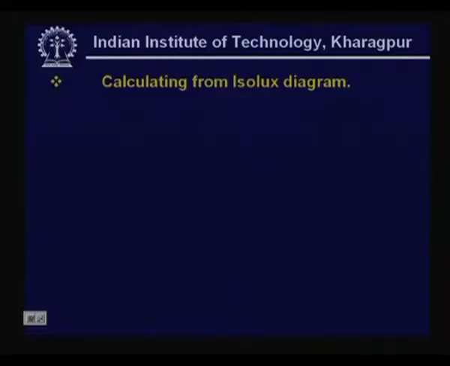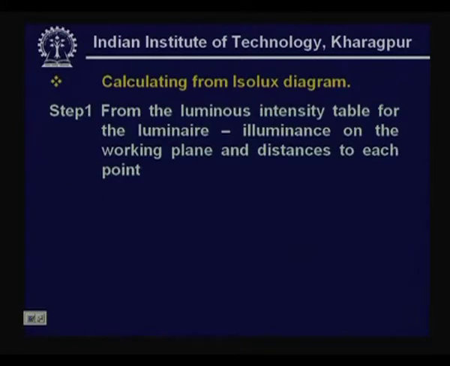So, the lesson tries to look at how one could, with the help of the manufacturer's catalogs, quickly assess. So, one other approach was to use the isolux diagrams. It consists of, after having chosen the luminaire and the luminous intensity table, working out the illuminance on the working plane and the distance to each point.